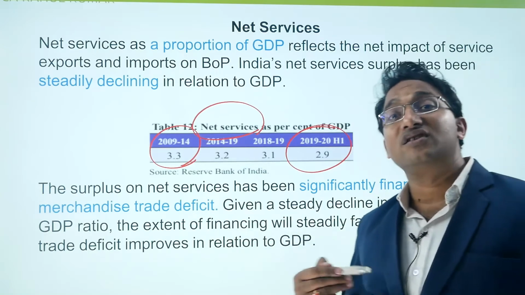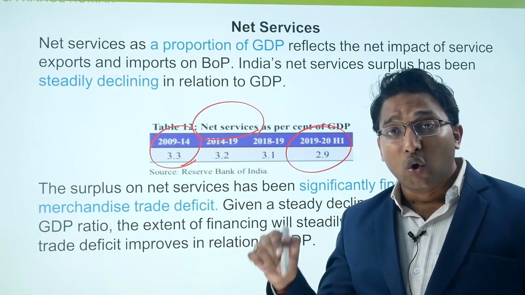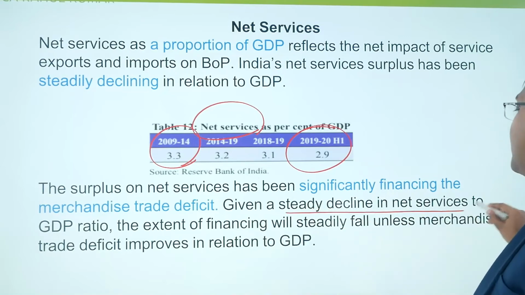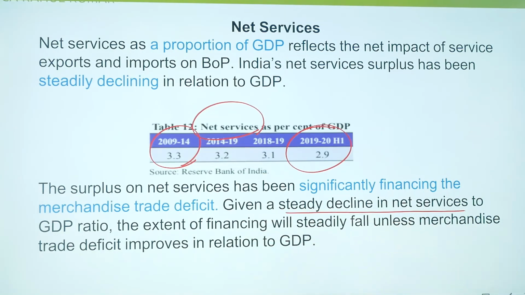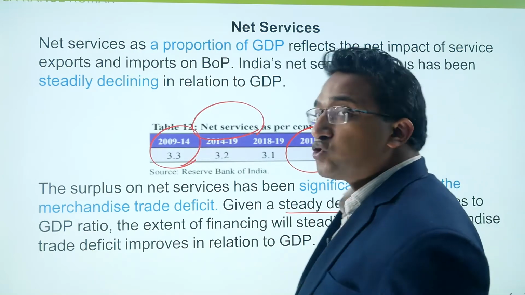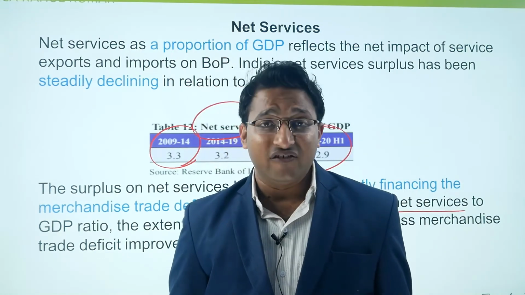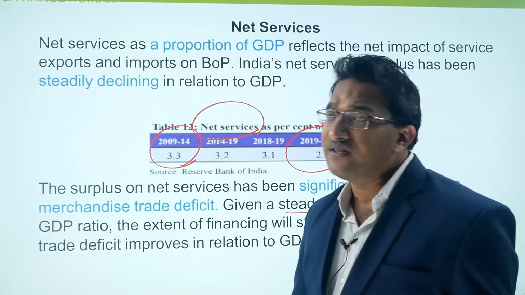So the point I just discussed, that because of the surplus in the service sector, this loss in the goods sector was compensated. Given a steady decline in the net services to the GDP ratio, the extent of financing will steadily fall unless merchandise trade deficit improves in relation to the GDP. So BOP deficit can become a big concern. Current account deficit can increase if we do not care about the export of the services as well as the goods.